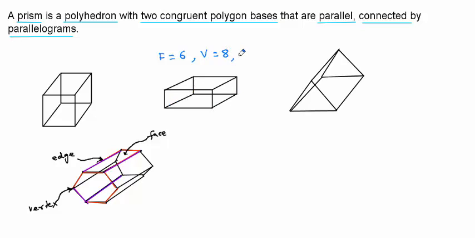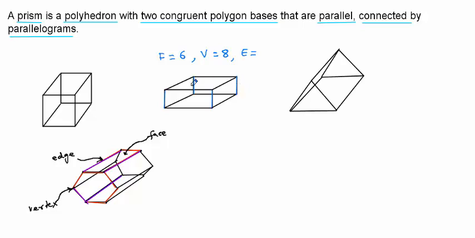So V is 8. And finally the number of edges is equal to, we have 4 edges for the top rectangle and another 4 edges for the one on the bottom. That makes it 8. And then we also have these 4 edges, 1, 2, 3, and 4.